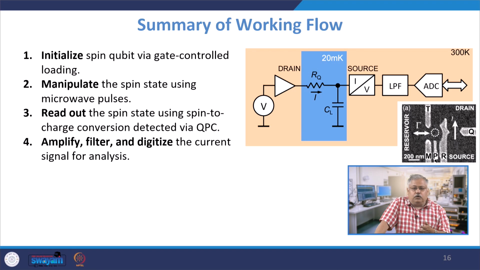Again, as I told you, the frequency of the pulse and the pulse width will determine how you manipulate the spin qubit state. The type of gate which you use will also determine whether you are doing pi by 2 phase shift or pi phase shift in the Bloch sphere case. Then we look into the readout for the spin state using quantum point contact, right, and then we amplify or filter and digitize the current for analysis purposes.